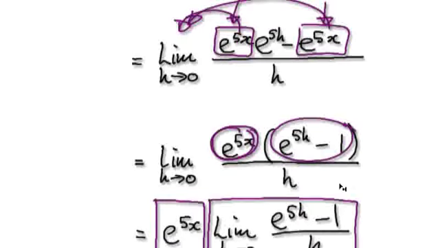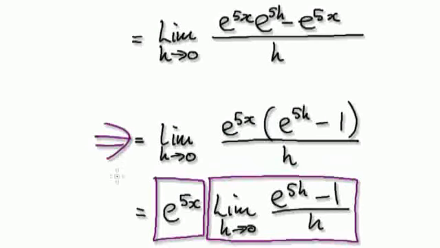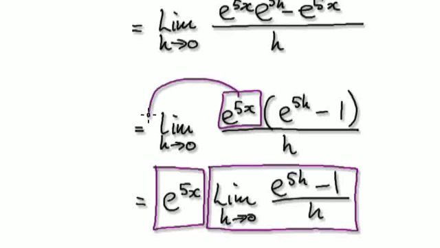Now remember, one of the laws on limits: it's the h that's changing. This e to the power of 5x is just a constant, so we can actually take it out. It doesn't move. It is the h that's moving.